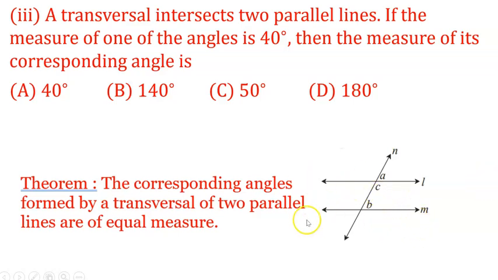Line L is parallel to line M, N is their transversal. Angle A, its corresponding angle is angle B. If the measure of angle A is 40 degree, the measure of angle B must be 40 degree, and hence the measure of its corresponding angle is 40 degree, and option A is correct here.